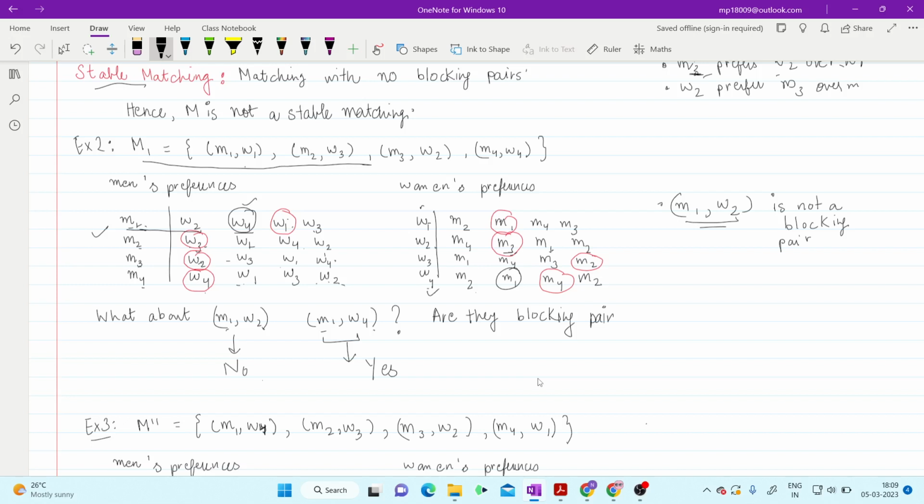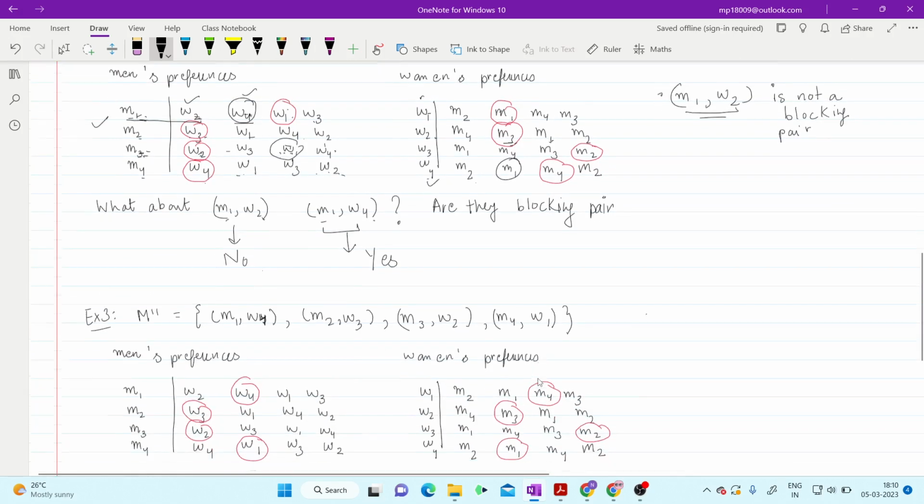If I take M3W1, it won't be a blocking pair because M3 will always prefer W2 over W1. So it is sufficient to check blockingness for just these two pairs to see if this matching is stable or not. We'll see in the next example.